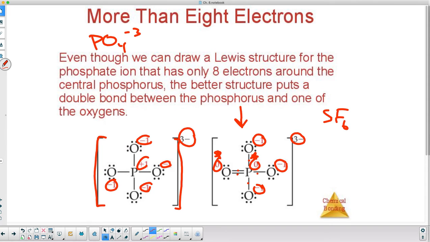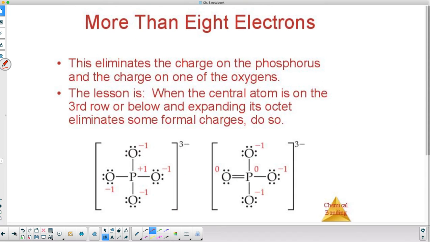Now, instead of sulfur having 2 pairs like this and then 2 singles, sulfur ends up doing something that looks like this, where each one of them can then bond with a fluorine atom. And that's where SF6 comes from, and that's also an expanded octet, but that's as high as it goes. 12 is the highest number.